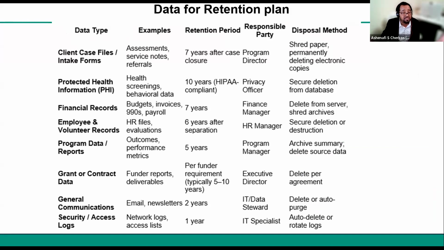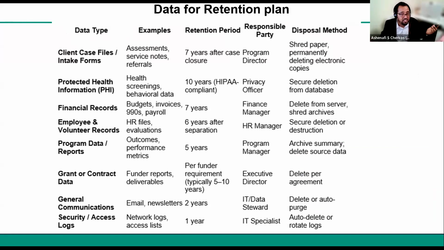So just assume this is a continuation of the previous table. Here we have data type, and the retention period will be specified here. As you can see, for different data types, we have different retention periods, and we need to specify the responsible body. In other terms, we need to assign responsible personnel in our organization.